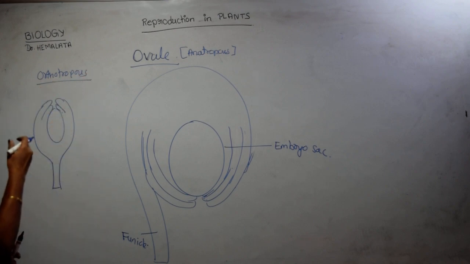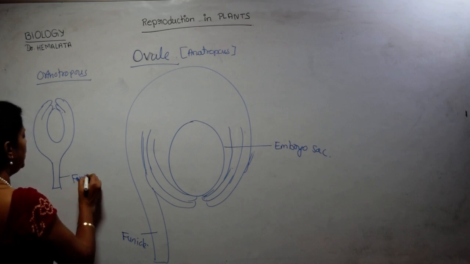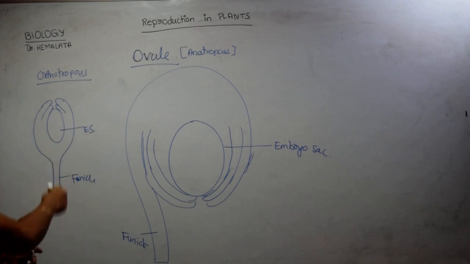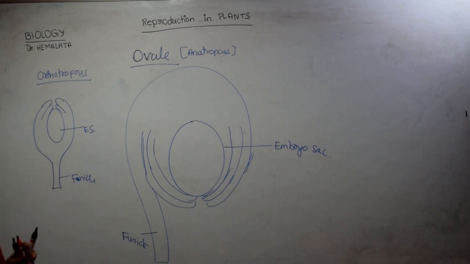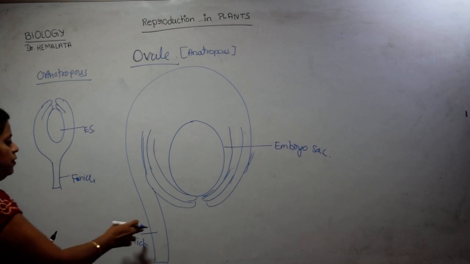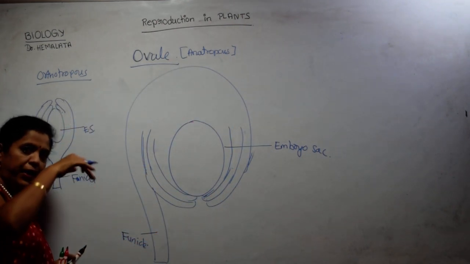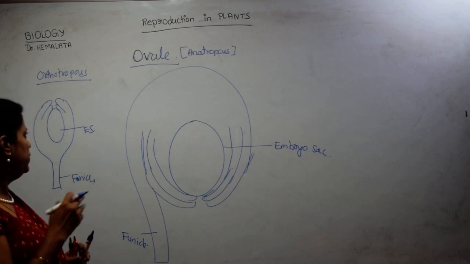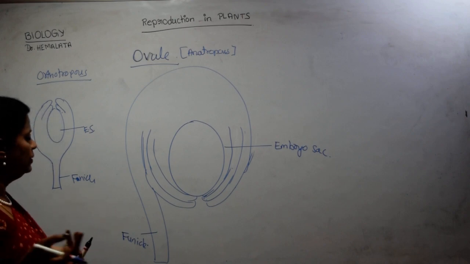If embryo sac and funicle fall in the same line, it is said to be the orthotropous ovule. If the embryo sac is turned 180 degree down, bent ovule, it is called an anatropous ovule. Right? Remember, they may ask you a one mark question: what is orthotropous, what is anatropous ovule.